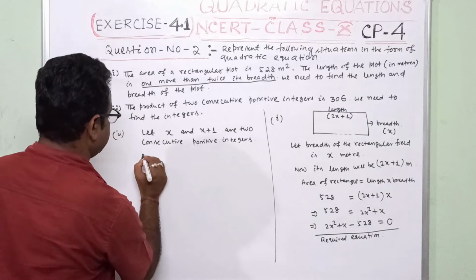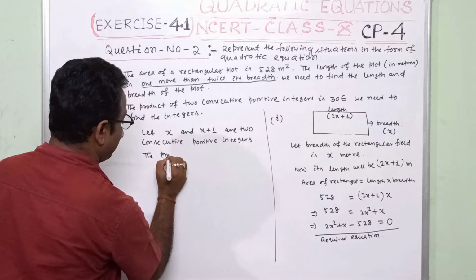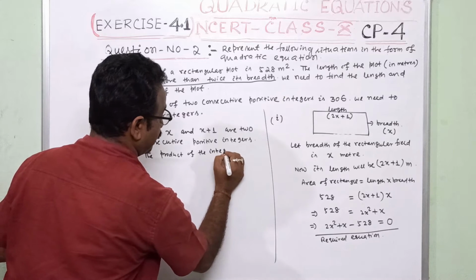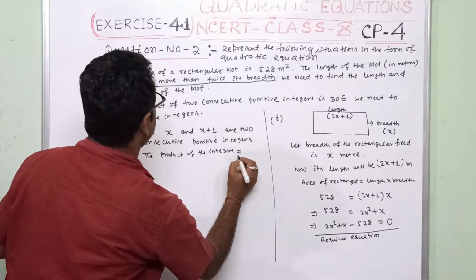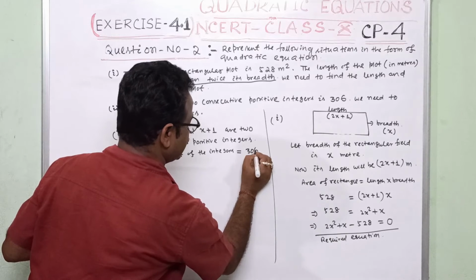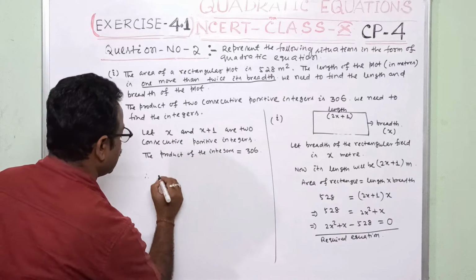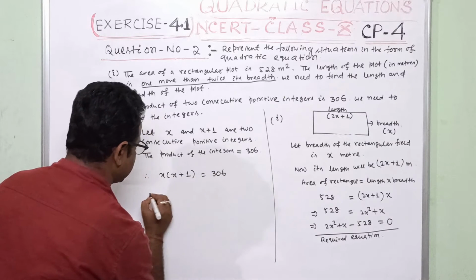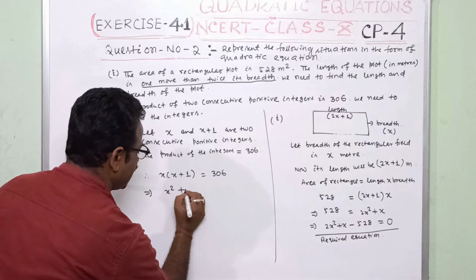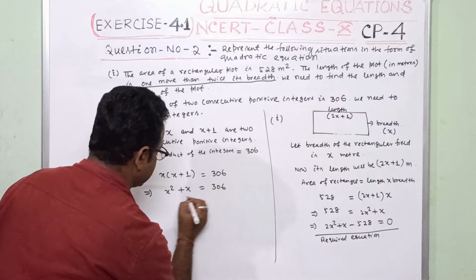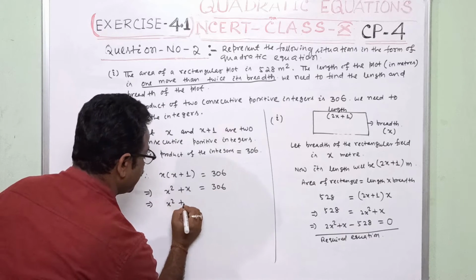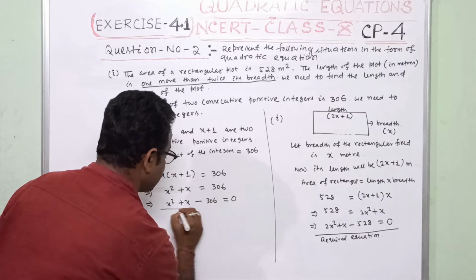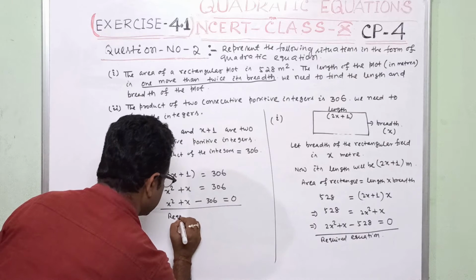The product of the integers is equal to how much? 306. And therefore x into x plus 1 is equal to 306. That implies x square plus x is equal to 306. That implies x square plus x minus 306 is equal to 0. This is the required equation.